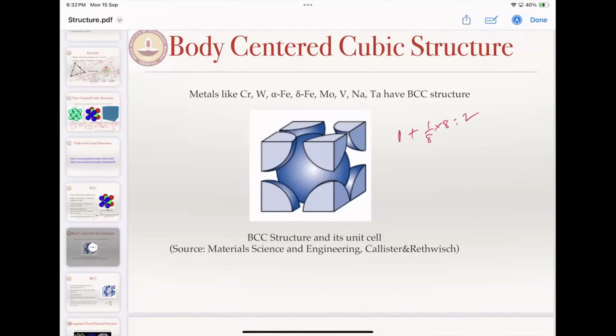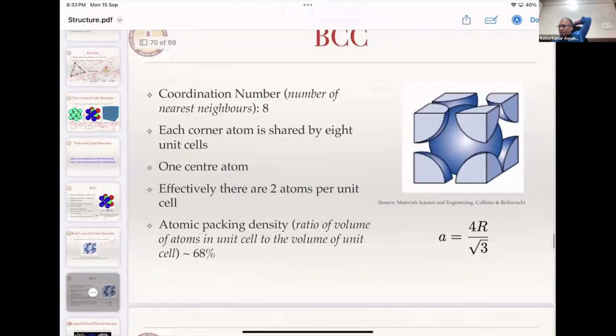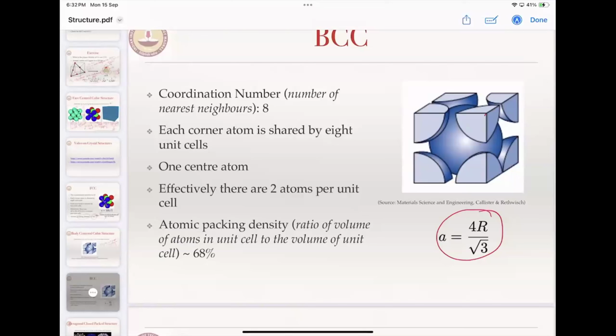Volume is a cube, but 2 into 4/3 pi r cube is the volume of atoms. This also should be written in terms of a. a is 4r by root 3 because the body diagonal is 4r. So r is equal to a root 3 by 4.